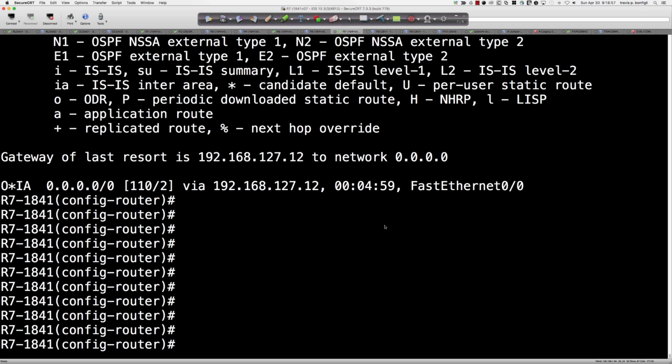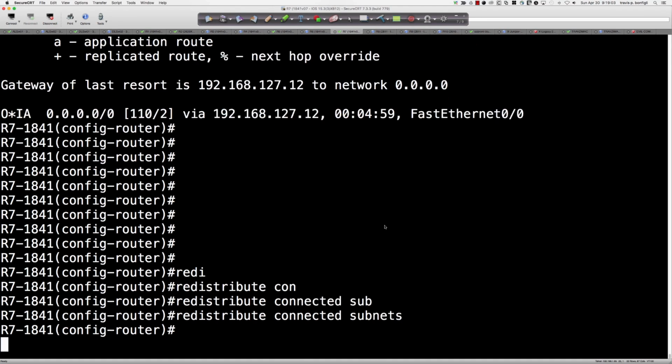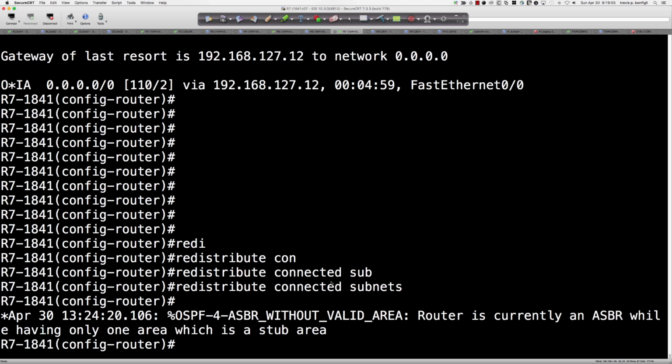And again, the same rule applies that if I was to say redistribute connected subnets, we're going to see that warning log message, right? Severity level 4 from the OSPF facility in the mnemonic ASBR without valid area. So I'm trying to create an ASBR here, but this is a totally stub area. Just like the stub area, we cannot set this up.